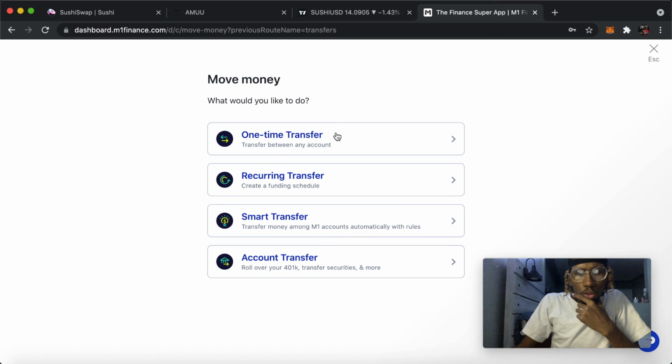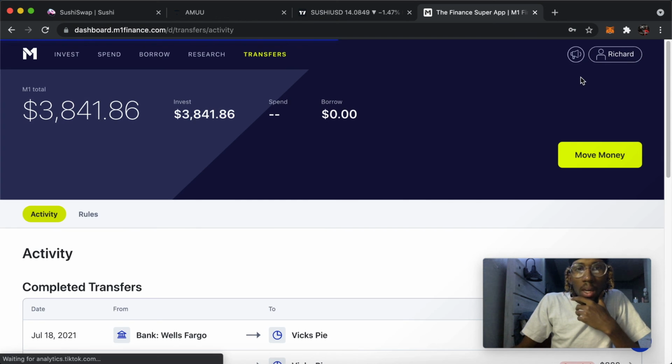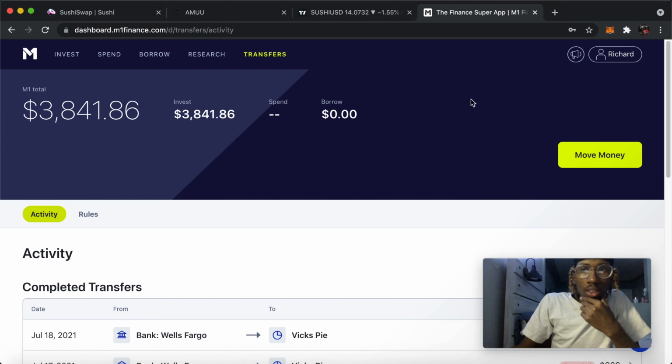You can transfer between any account, create a funding schedule, transfer money among M1 accounts automatically with rules, roll over your 401k, all that stuff. I wouldn't really worry too much about that as a beginner. Just focus on creating your pie and making a watch list and watching the watch list and get in at a good point in time where you know that the stock is going to go back up so you can get some profit going. And I would also advise you to get into some dividend stocks.